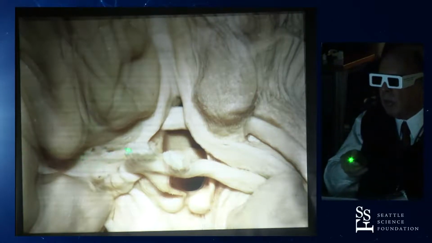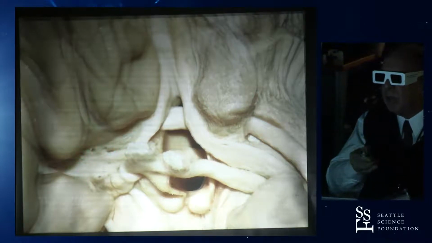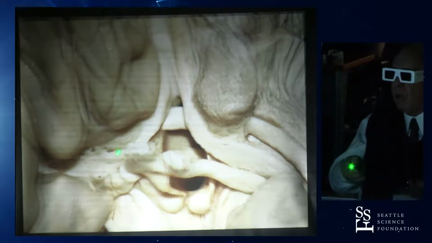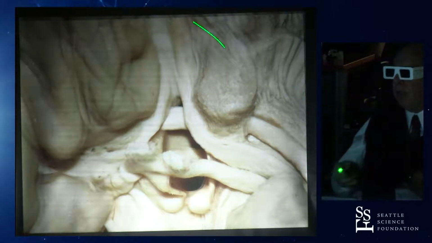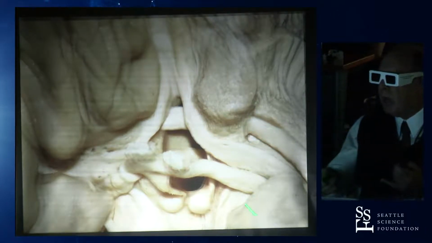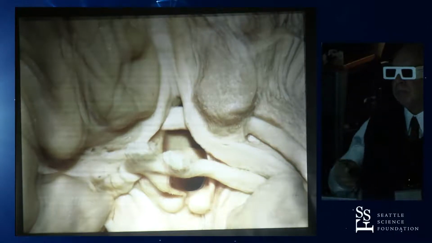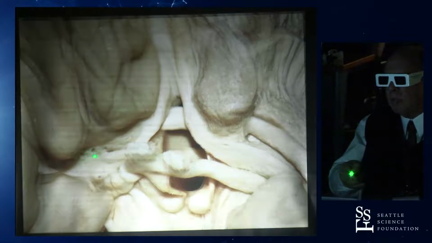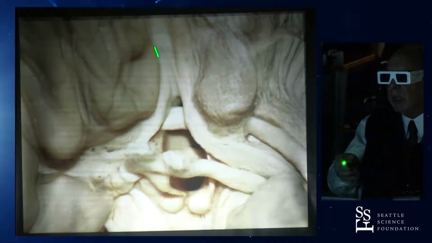So the diagonal band of Broca is this ridge within the anterior perforated substance itself, which is the wall of the region that we're talking about. The anterior commissure is the posterior part of this region. And you can see that the most superficial fibers of the ansa peduncularis are going towards the septal region here in the midline.